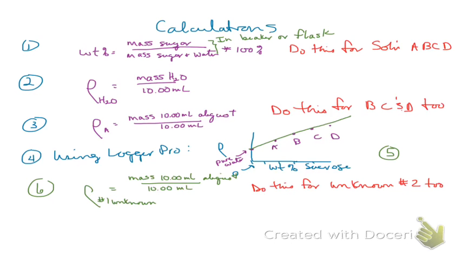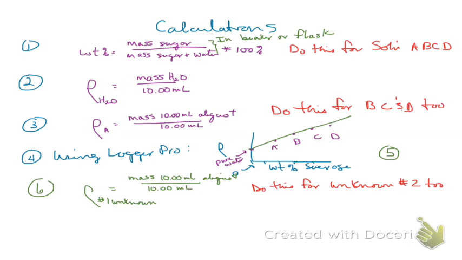Calculation 7, now you'll refer to your graph. What we're doing with your graph is using it as a calibration curve. What you have in calculation 6 are densities. We're going to find that density along the axis, and usually you can do this in Lager Pro, or you can print out the graph and do it by hand, either way.